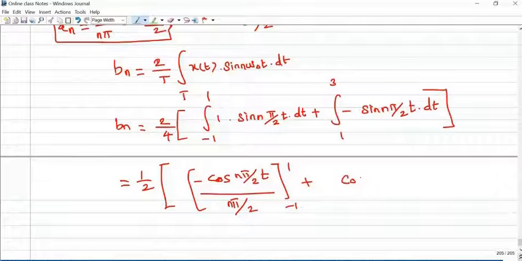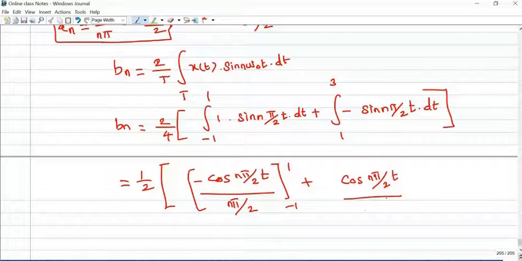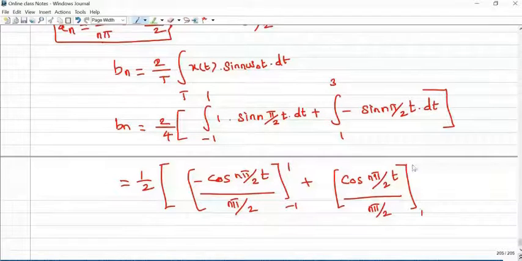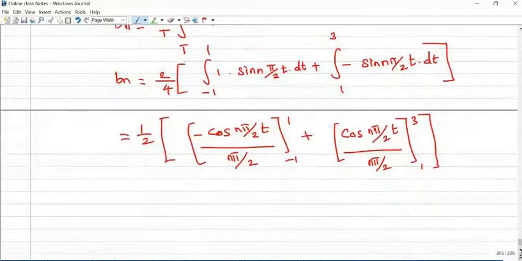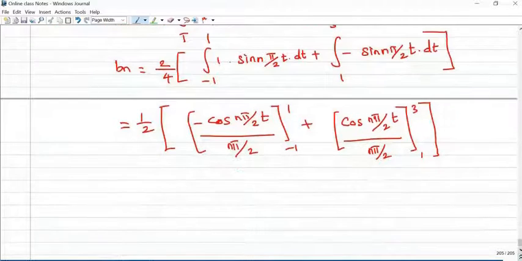You will get cos n pi by 2 t divided by n pi by 2, with limits 1 to 3. Okay. So substitute upper limit, lower limit, and check whether bn value is 0 or not.